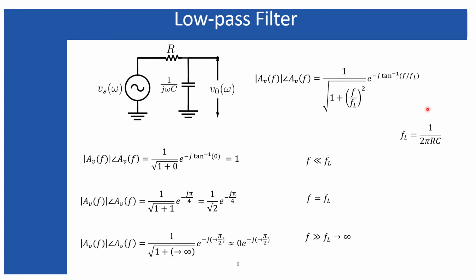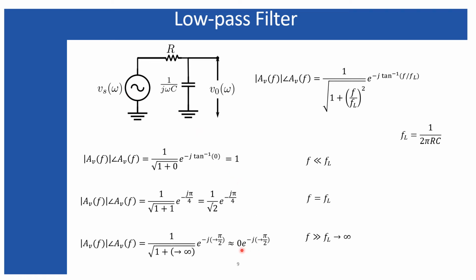And this FL, as shown over here, is the cutoff frequency, the frequency I mentioned at the beginning of this lecture. This filter is called the low pass filter because the frequencies less than FL are passed. When f is very less than FL, the gain is equal to 1, so all the input voltage having frequency less than the cutoff frequency produces an output equal to the input voltage.